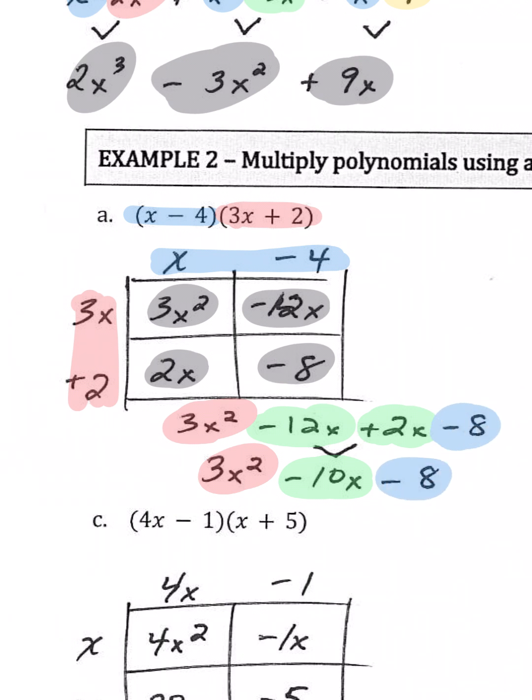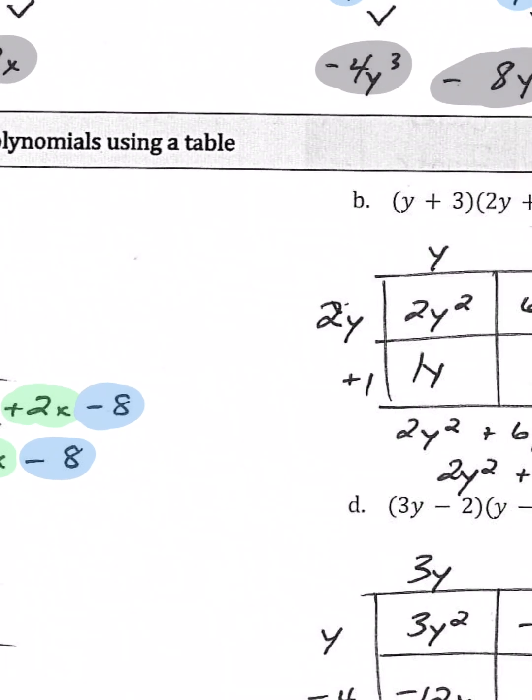So see how the green terms come together to be combined at the very end. All four of the terms in the box, where I put this little square, came down to be written in an expression. And then we put the two green ones together because they had matching letters.